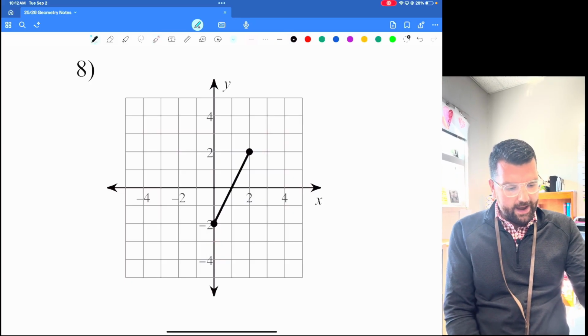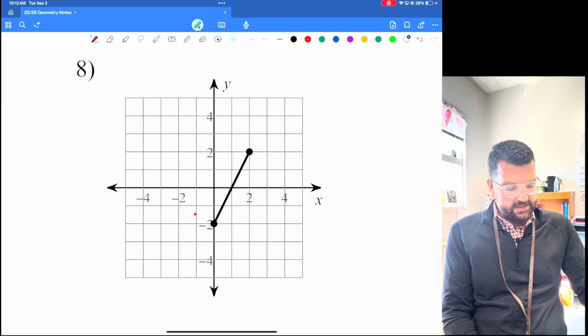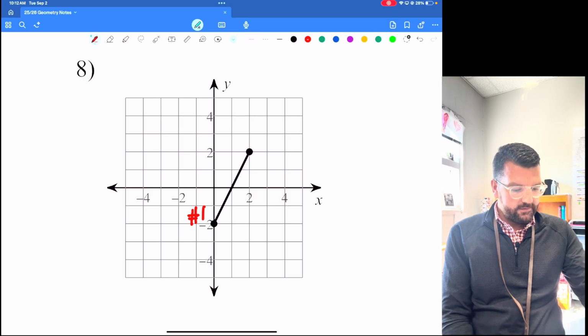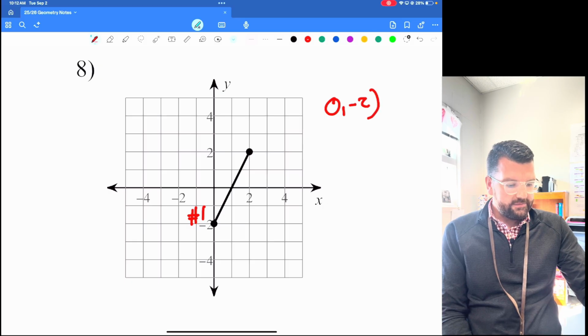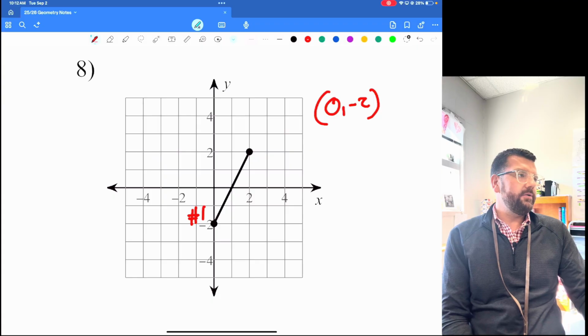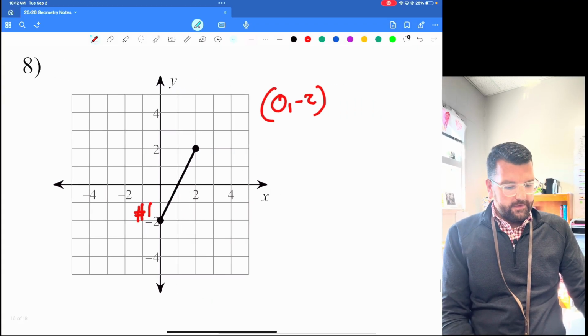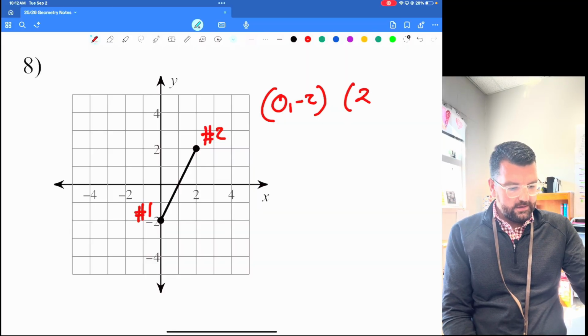What matters is that I write my points correctly. I read left to right. So I'm going to say this is number 1. And what is that point for number 1? 0, negative 2. Every point on a grid has an x and a y value. And then what is this second point? 2, 2.